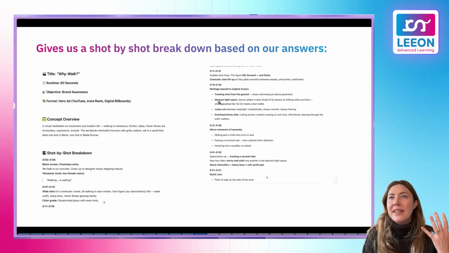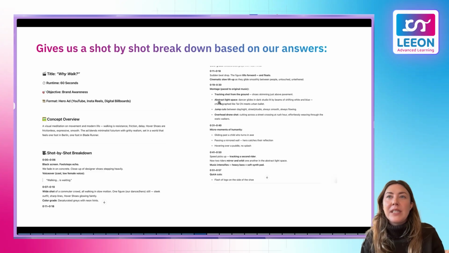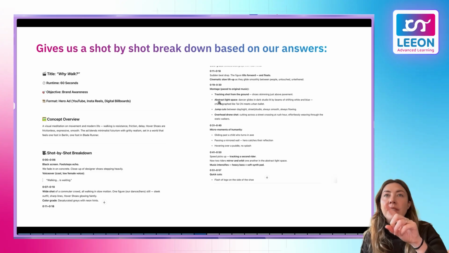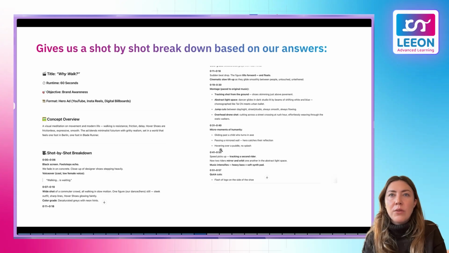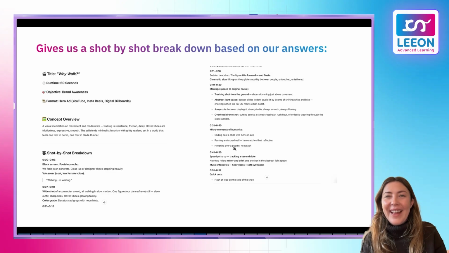So it has these jump cuts now between day and night, street and studio, and it's always smooth and flowing. Okay, a great concept, and I love this montage here. There are also micro moments of humanity at some point, gliding past a child who turns in awe. Okay, cool. Great. So it's told me what's going to happen when.